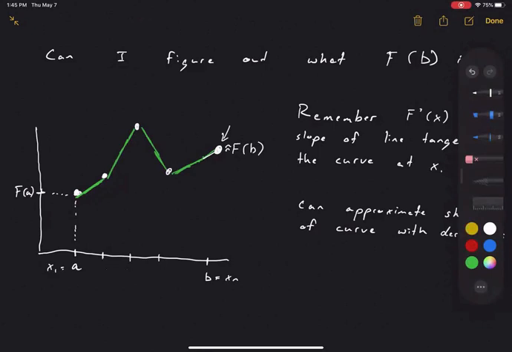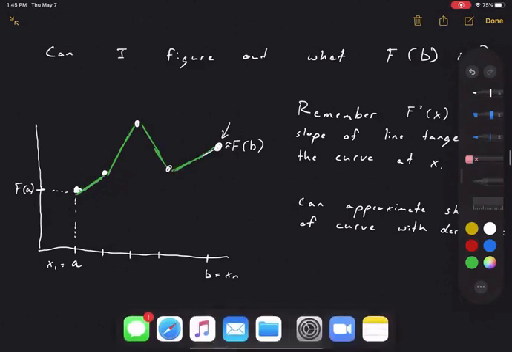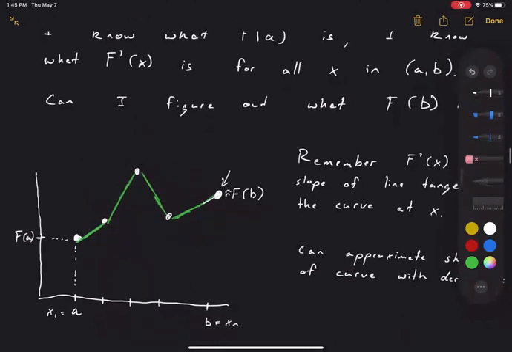Okay, so now let's do another approximation. Maybe I have another approximation, this yellow line, but this time I have more points.